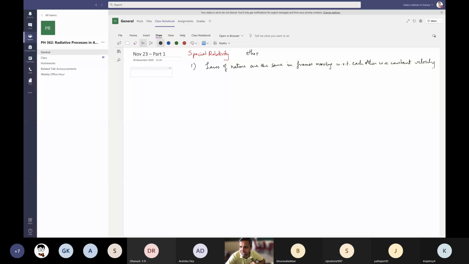This is the principle of relativity, and this is known.